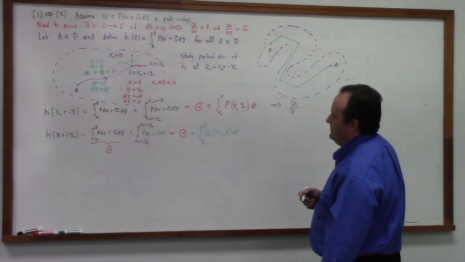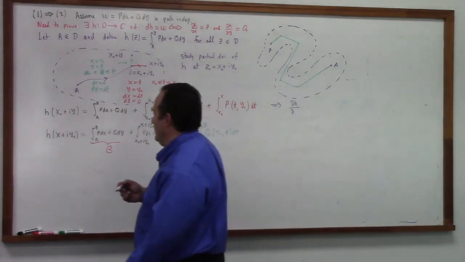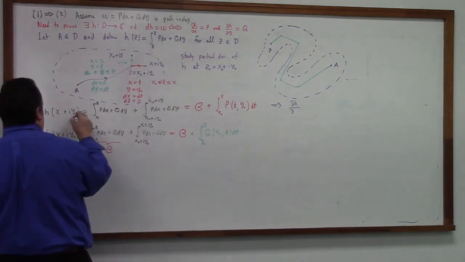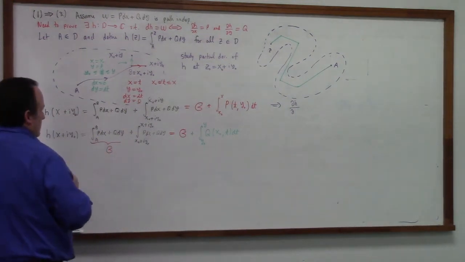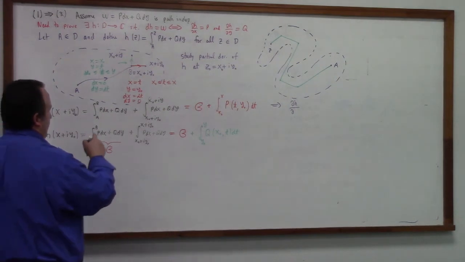You're saying it has no dependence. I'm saying that I made a typo here. This was supposed to be x plus y naught. And I made the same typo here.